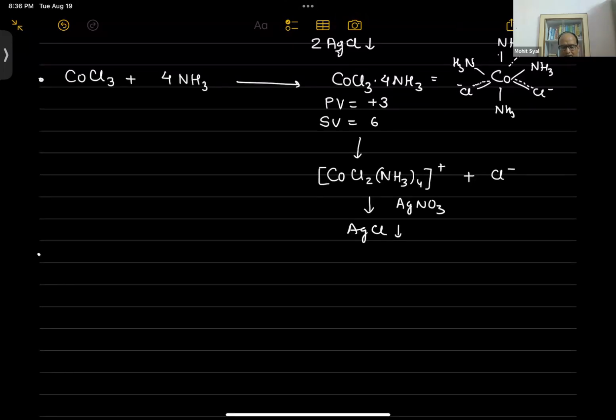The next case is, in this case also we have the primary valency equal to 3, secondary valency equal to 6, but there are only 3 ammonia. So what may be happening?